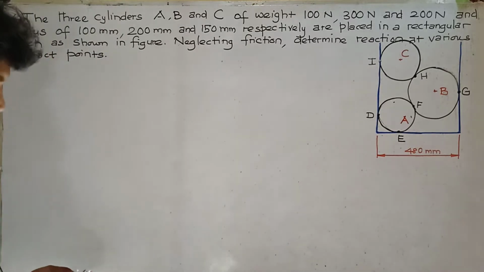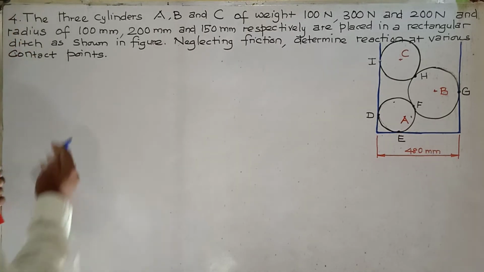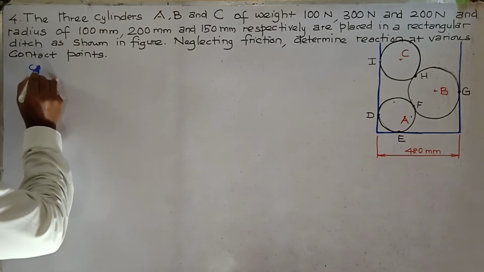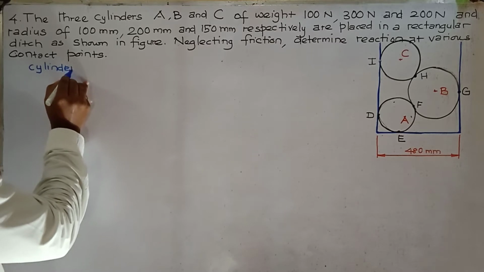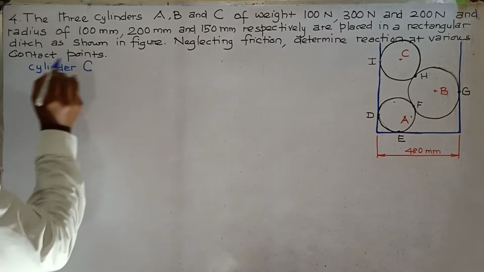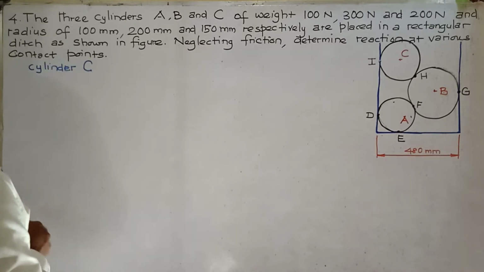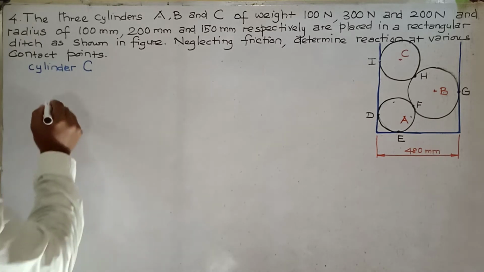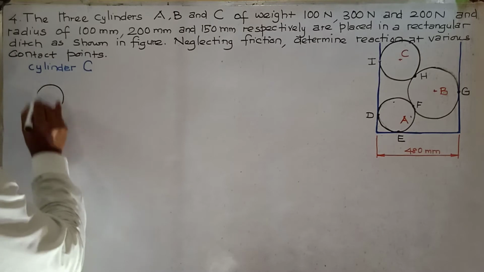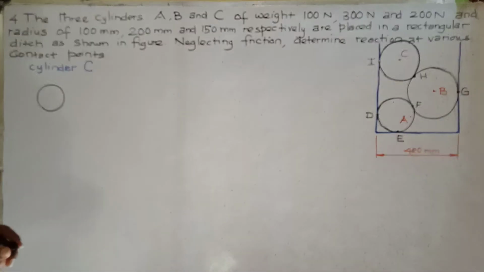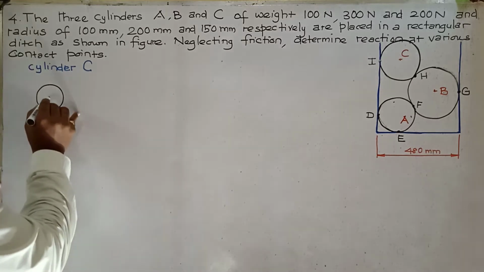So first we have to draw the free body diagram of cylinder C. Cylinder C weighs 200 Newton.